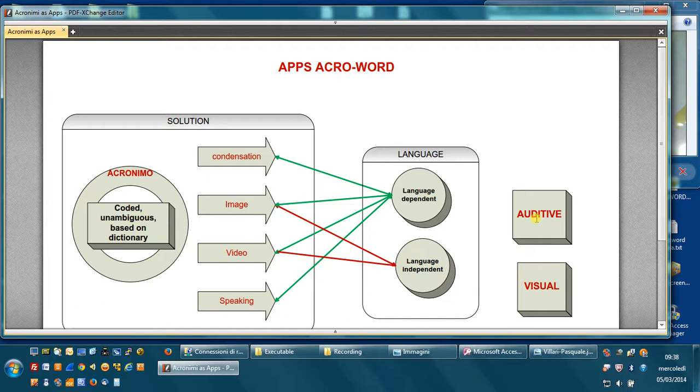In that case an image could be enough to represent a phrase that is written by an acronym. Same for video. They have the possibility to observe images or videos, or also to read the condensation, the written phrase or word that is the representation of the acronym.